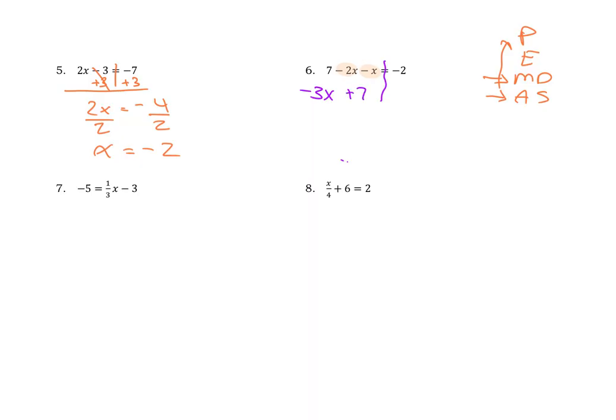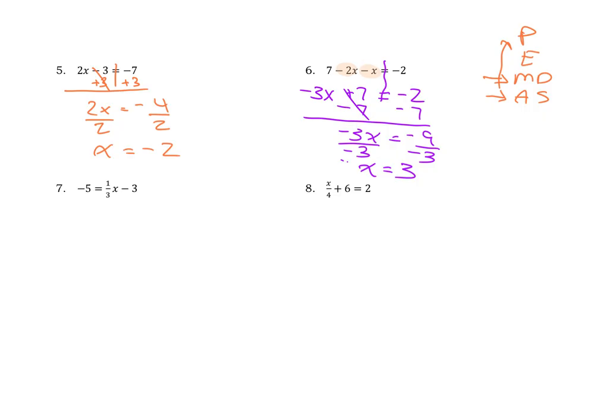That 7 is positive, and that equals -2. Now I'm going to subtract 7, and -3x equals -9. I'm multiplying, so I'm going to divide by -3. Negative divided by negative is a positive, so that's +3.